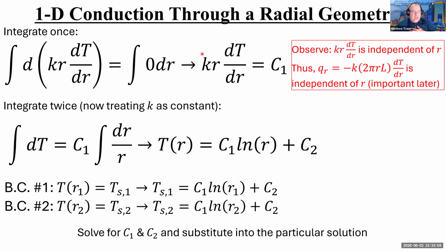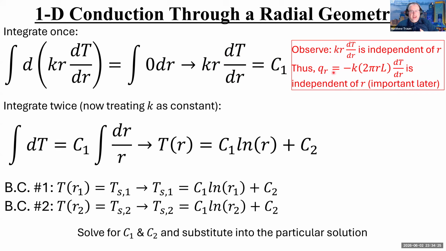So I end up with k times r dT/dr is equal to some constant of integration. And now, here's the key thing that I want you to observe: this combination of variables, k r dT/dr, is independent of r, right? Why is it independent of r? Well, because it's equal to a constant. So even though there's an r here and an r here, if I put this combination together in this kind of product, it's independent of r.